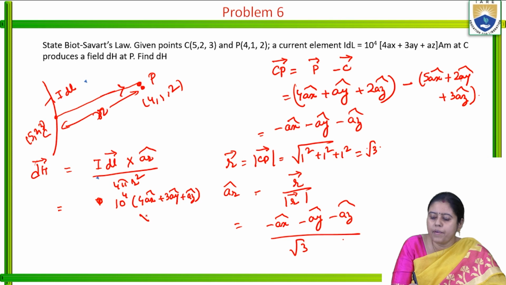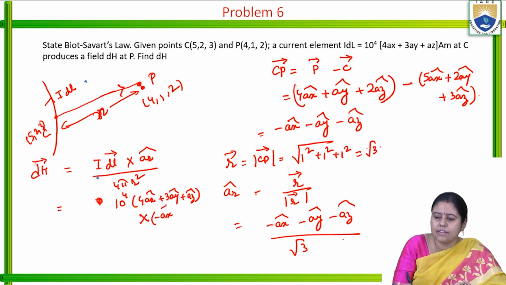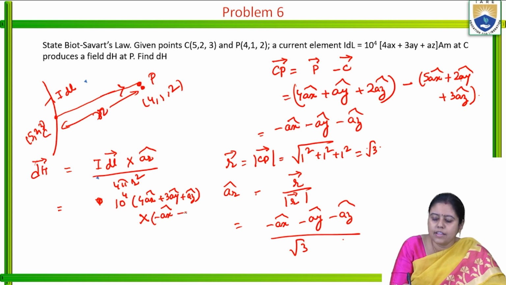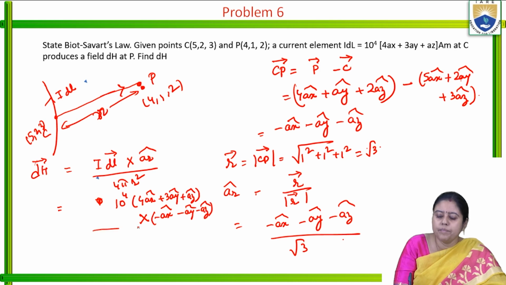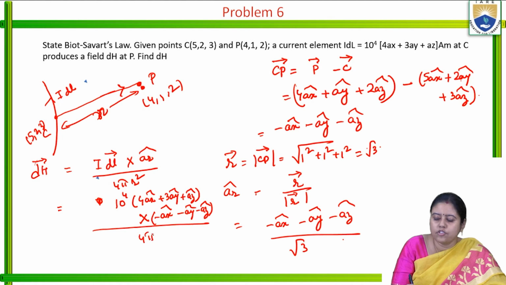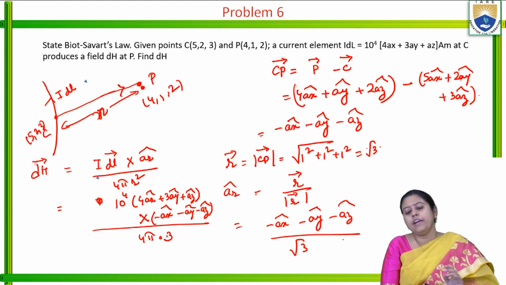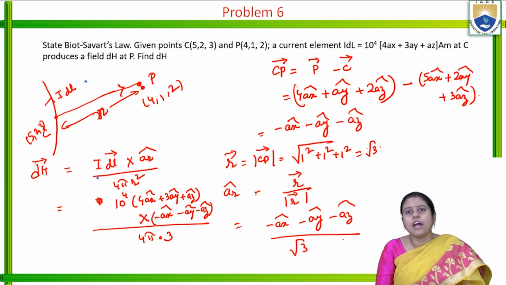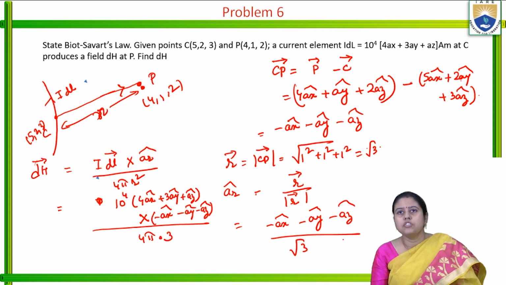What is the value of aR? aR is equal to what we have calculated, minus ax minus ay minus az divided by root 3. We are getting the distance, so 4 pi r squared is 12 pi. Here we have to do the cross product.